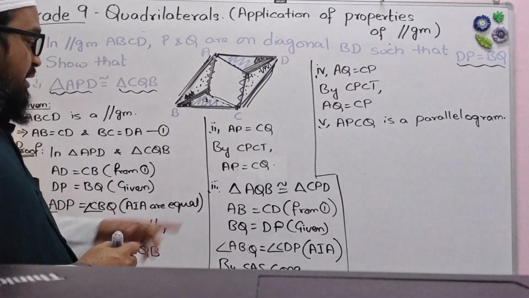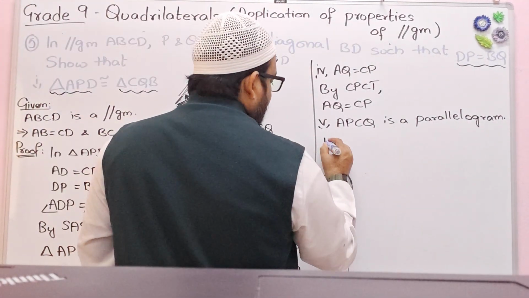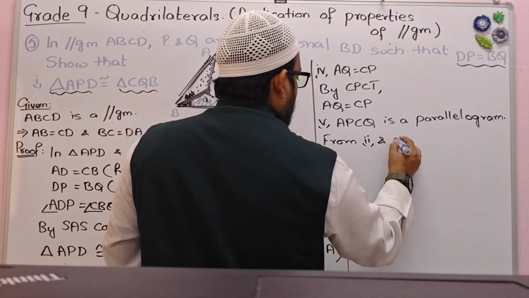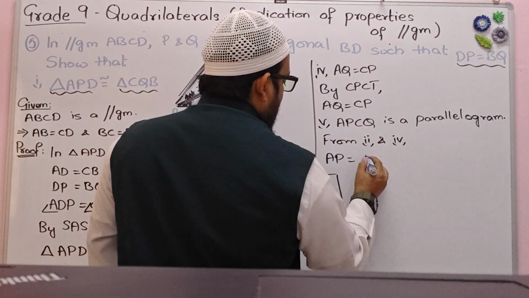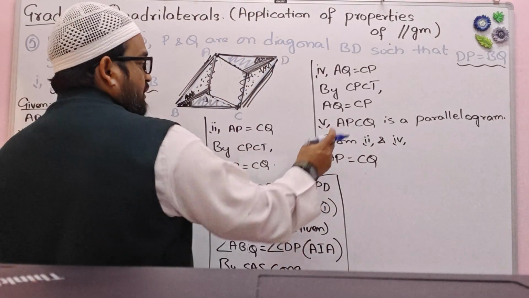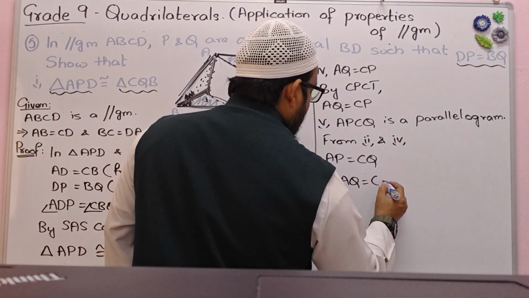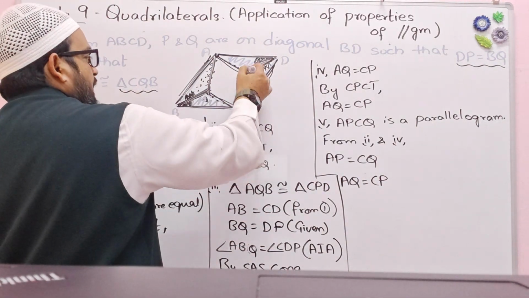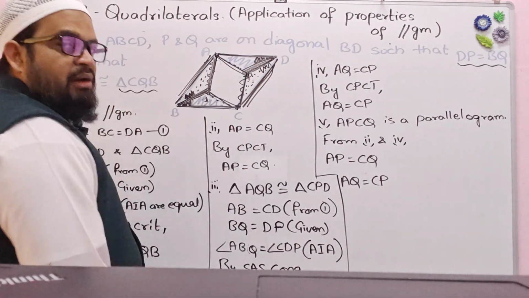But from second and fourth, we have proved that AP is equal to CQ, and after that, what is fourth? AQ is equal to CP. Is it right? So AP is equal to CQ and AQ is equal to CP. This we have proved.